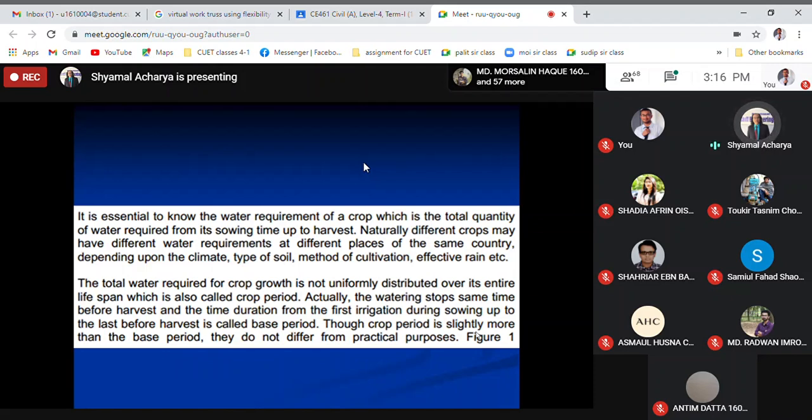And the time duration from the first irrigation. Also, sometimes it happens that you sow the crops today, but you do not apply water today. Rather, you wait for 1 or 2 days, then apply a huge depth of water into the field. So between the sowing day and the first watering day there may be a gap, and also between the harvesting date and the last water application date there may be a big gap.